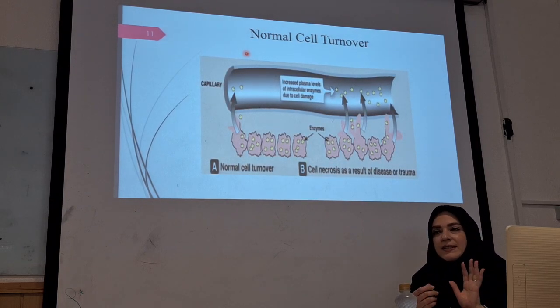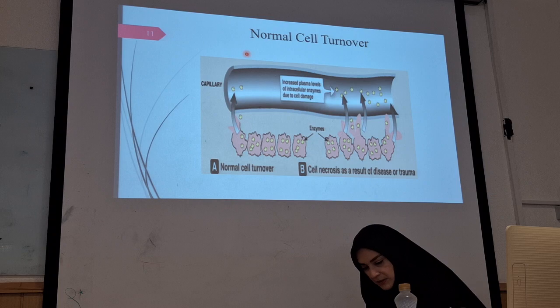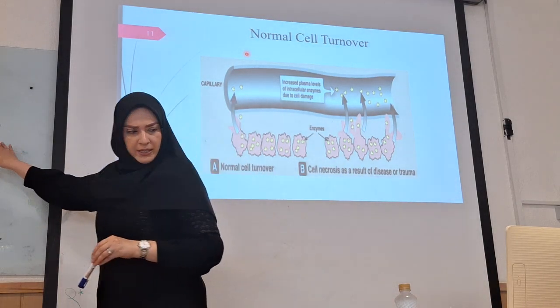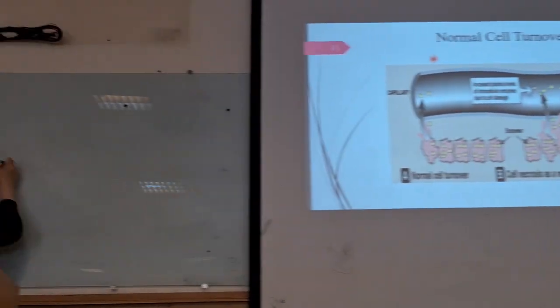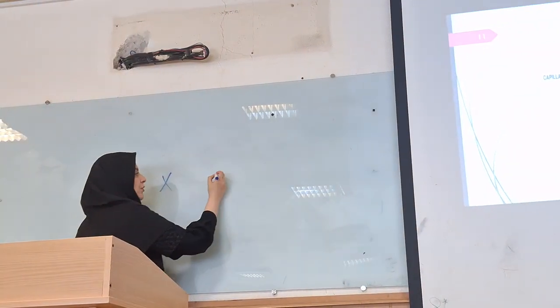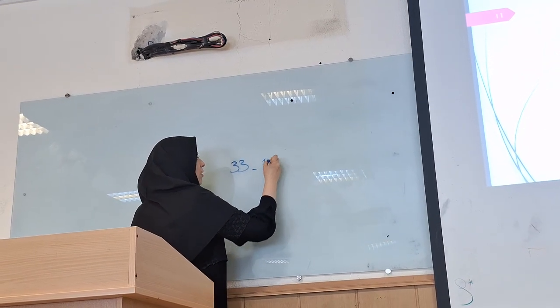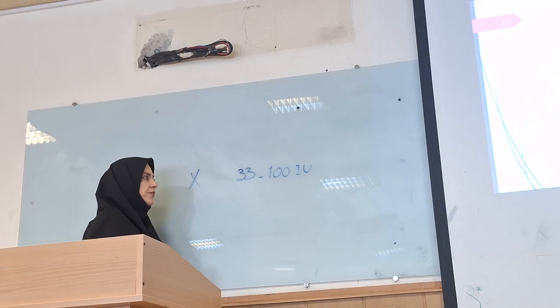Have you ever seen a lab report about an enzyme? Can I write here? Yes. For example, we have enzyme X, and the normal range is about 33 to 100 international units. This is the unit of enzyme.